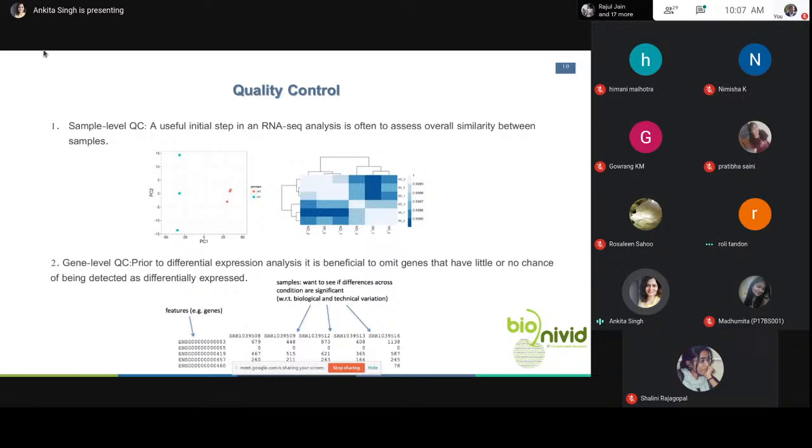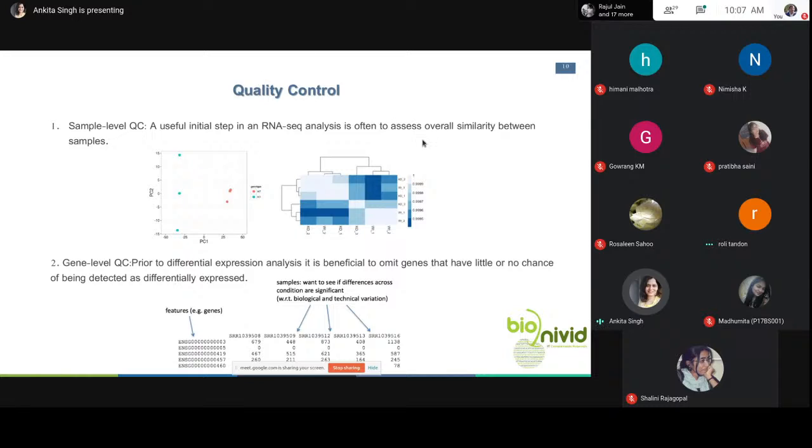When we say something is differentially expressed, that gene has to be expressed in both conditions. If I am comparing, there has to be something to compare with. So genes which have only sample-specific expression are also removed before the differential gene expression analysis.